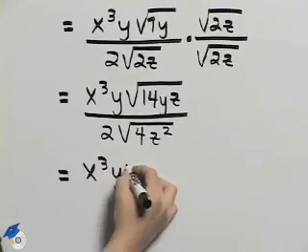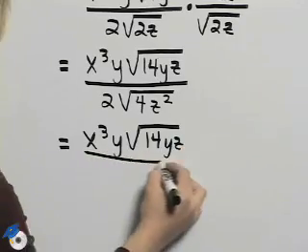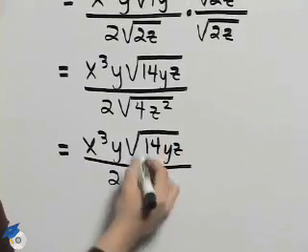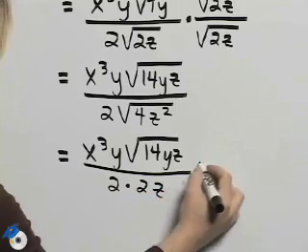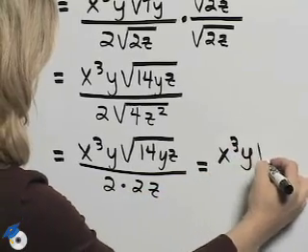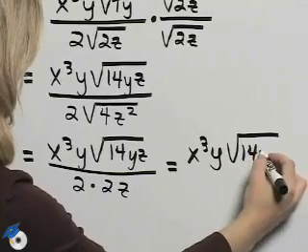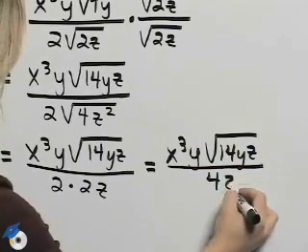Simplifying the denominator, another step, will give us 2 times the square root of 4z squared is 2z, and so we end up with x cubed y times the square root of 14yz all over 4z.